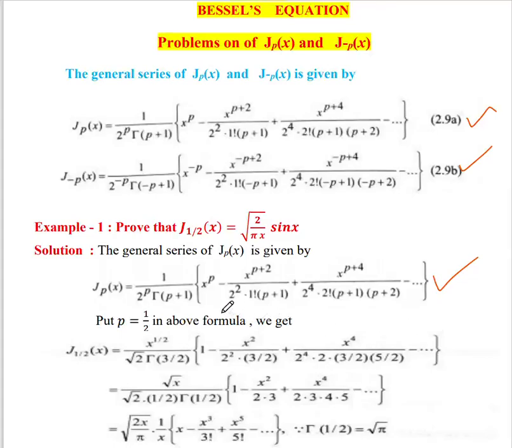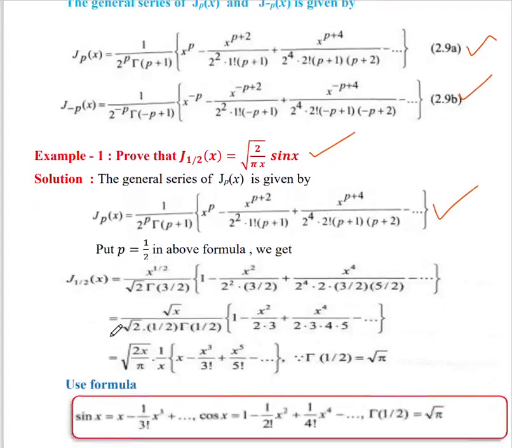Now to prove this, we will put p equal to 1 by 2 in this formula. So J_{1/2}(x) equals, taking x to the power p common from all the terms, x to the power 1 by 2 divided by 2 raised to power 1 by 2, that is root 2, gamma of p plus 1, that is 1 by 2 plus 1, that is 3 by 2.